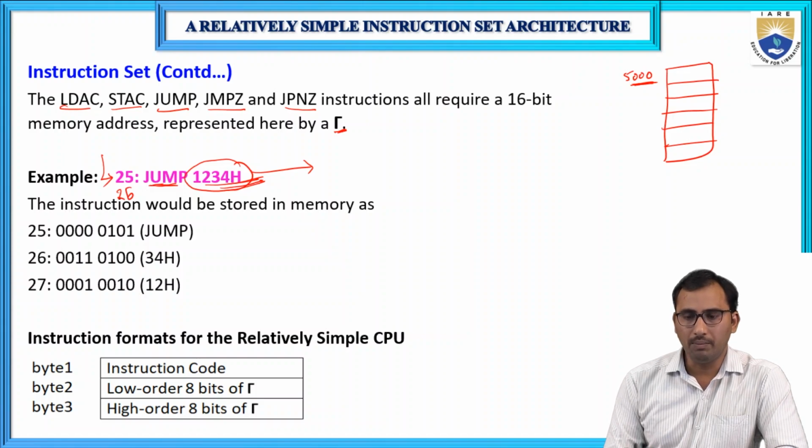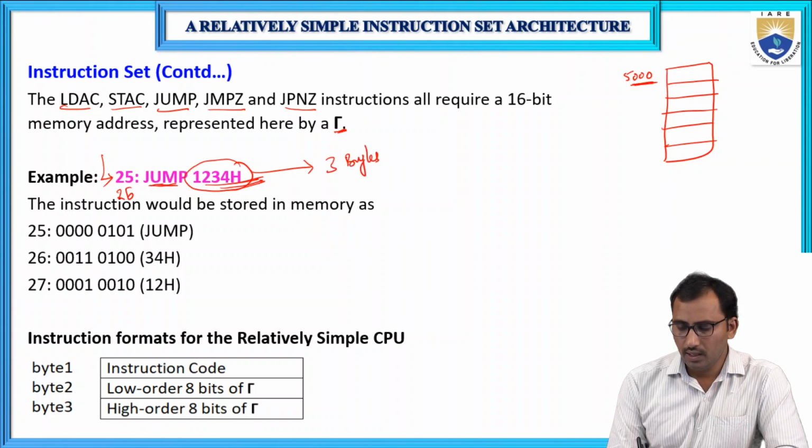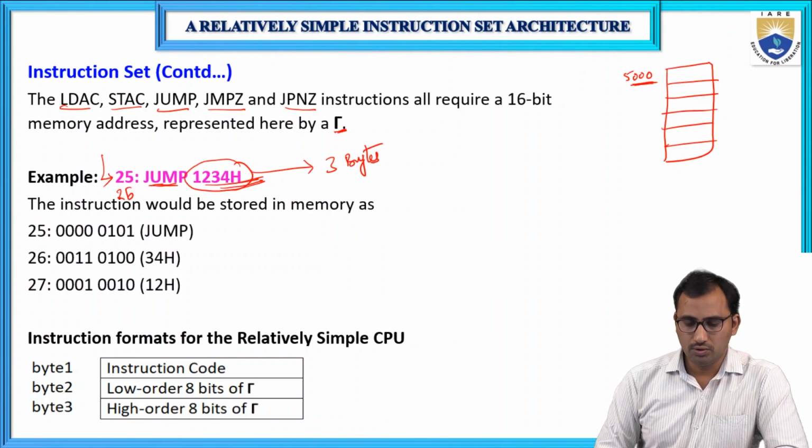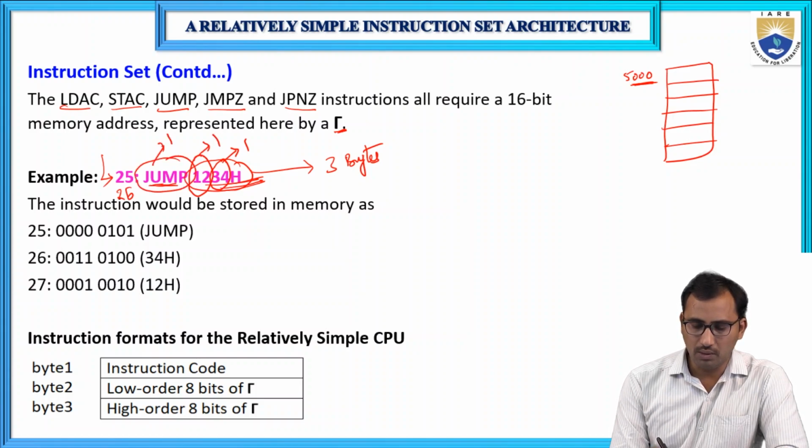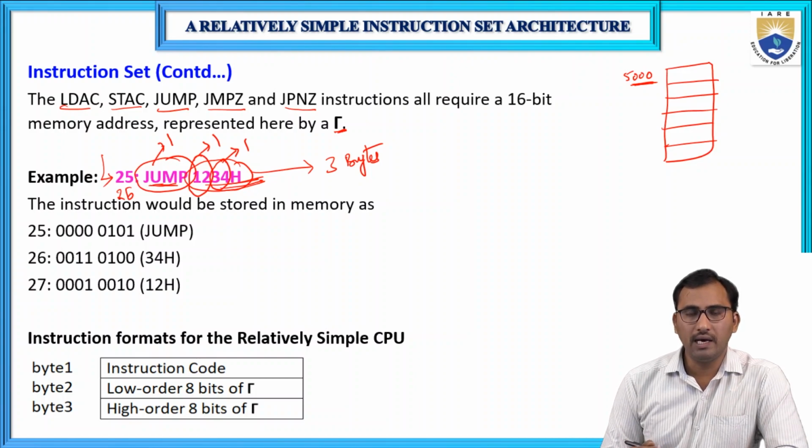This jump instruction, in order to be stored in the memory, requires 3 bytes. In order to store 34, it requires 1 byte. In order to store 12, it requires another byte. And in order to store the opcode, it requires 1 more byte. So in total, we require 3 bytes to store that instruction in the memory.